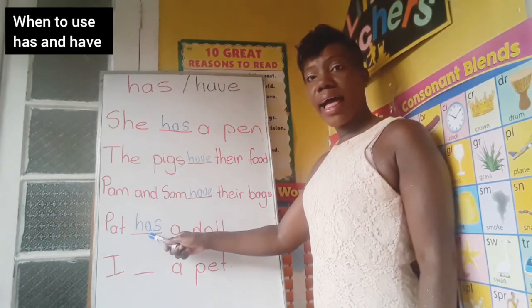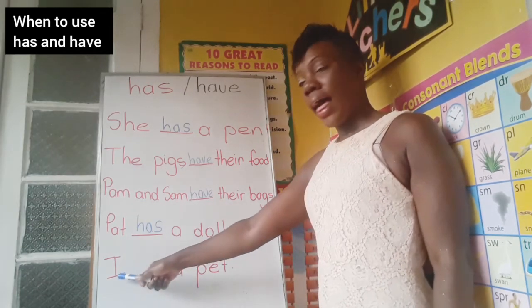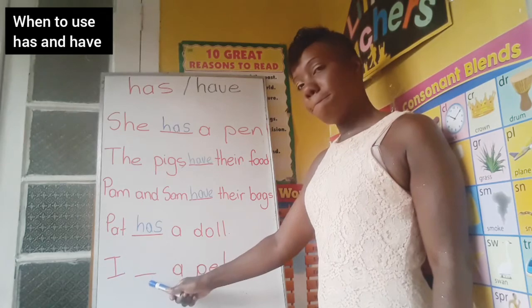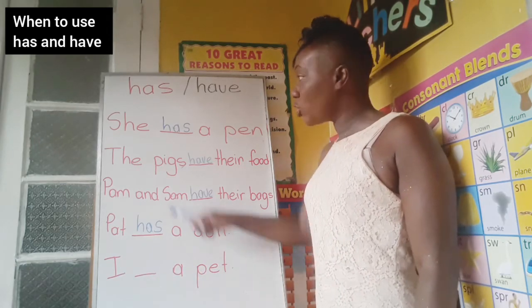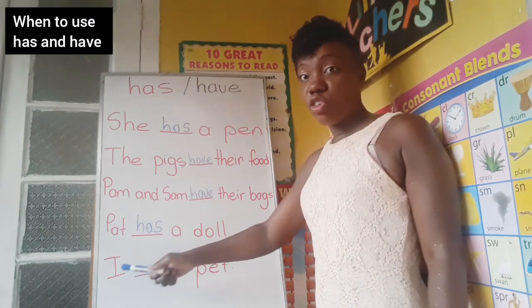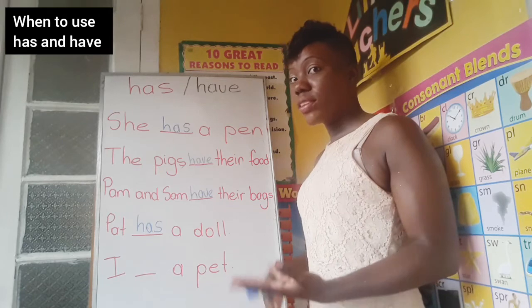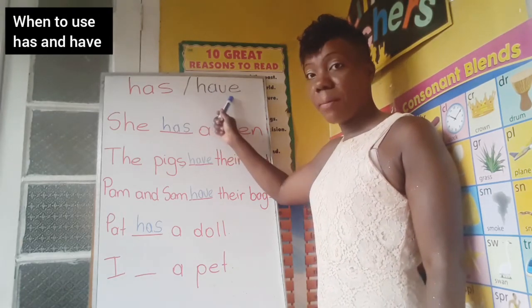Pat has a doll. Now let's move on. A pet. Now which one of these words would you use with the word I? Now remember I explained to you that with I and you we use which one of these words?